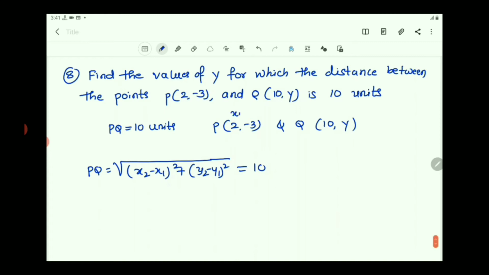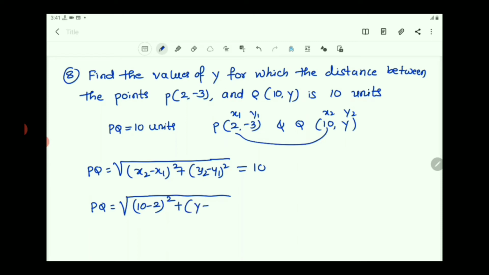Now you consider this is the point (x1, y1), this is the point (x2, y2). Then PQ equals square root of (10 minus 2) whole square plus (y minus of minus 3) whole square equals 10.